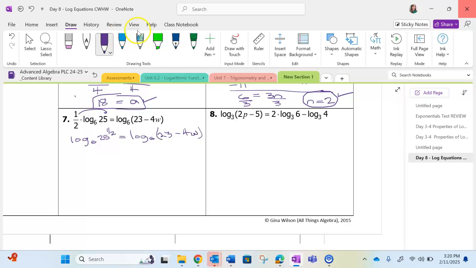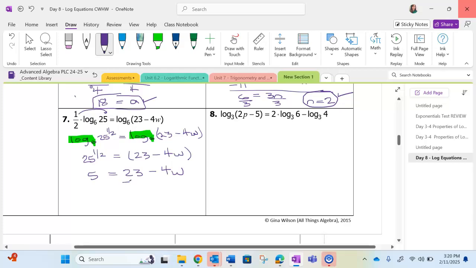All right, logs are the same. Log base 6, log base 6. So 25 to the 1/2 power equals 23 minus 4w. This is 5. 5 equals 23 minus 4w. I'm going to bring this 23 to the other side.